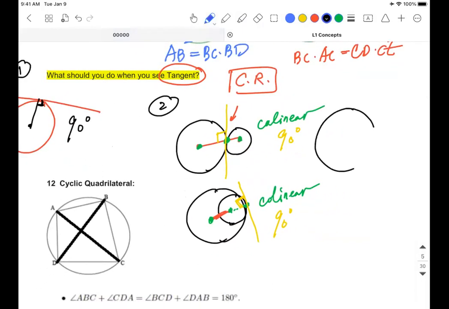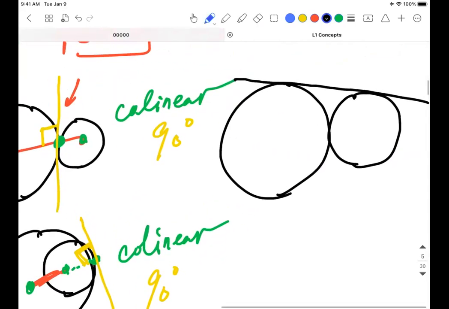As long as you have two circles that are externally tangent to each other, and you have a common tangent that doesn't cut between the two circles but is actually outside, there's an extremely important shape you need to remember. First thing first, always connect the radii to the tangent points. This is going to give you two perpendicular lines, right?